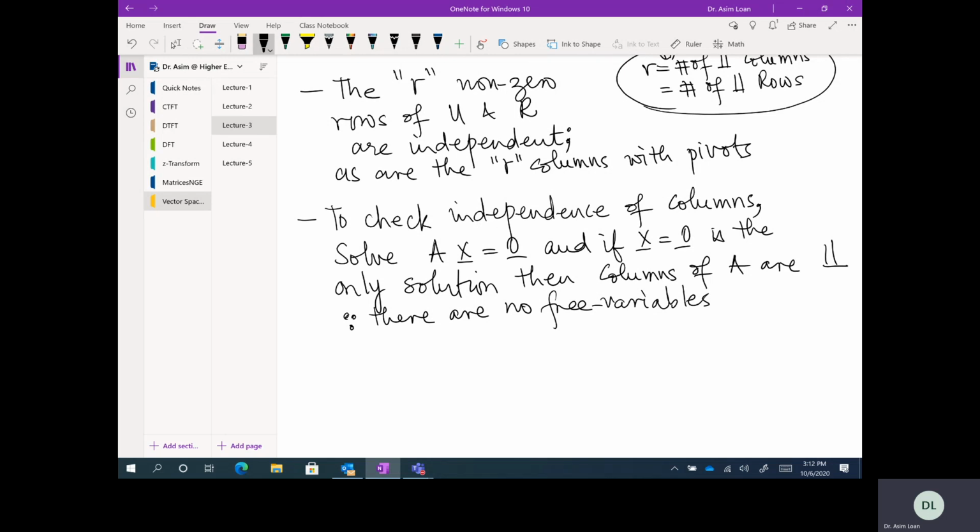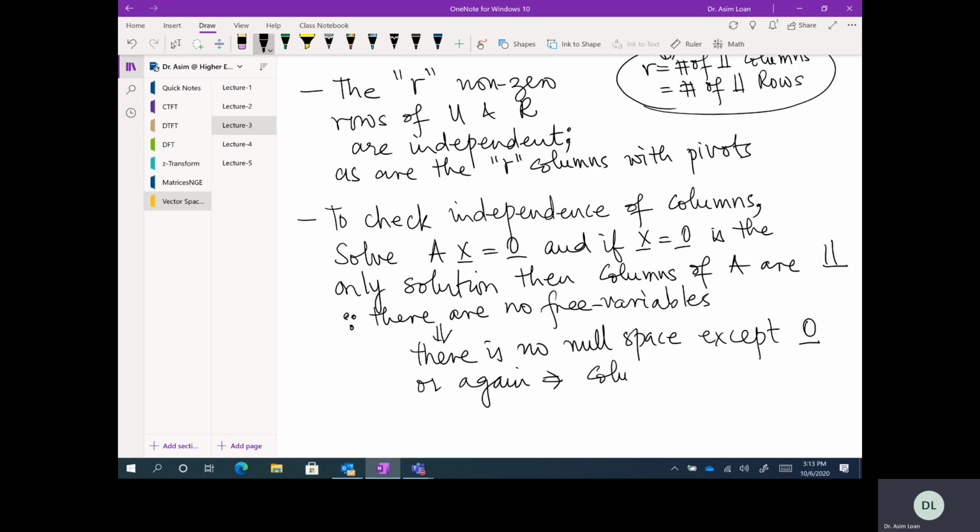This also means, since there are no free variables, this also implies there is no null space except the origin, which again implies columns are independent.